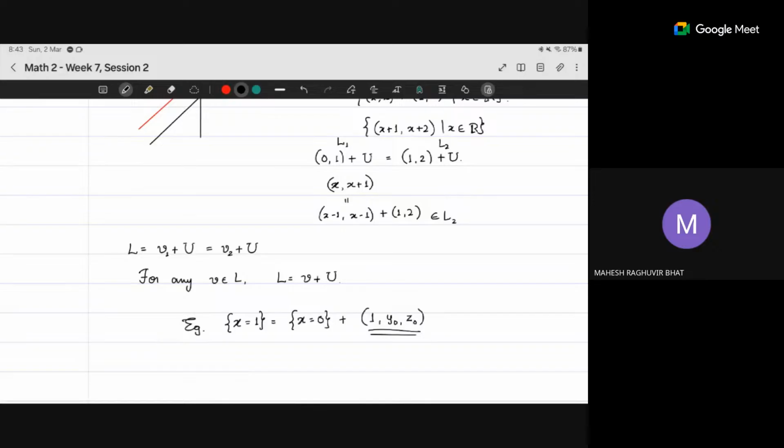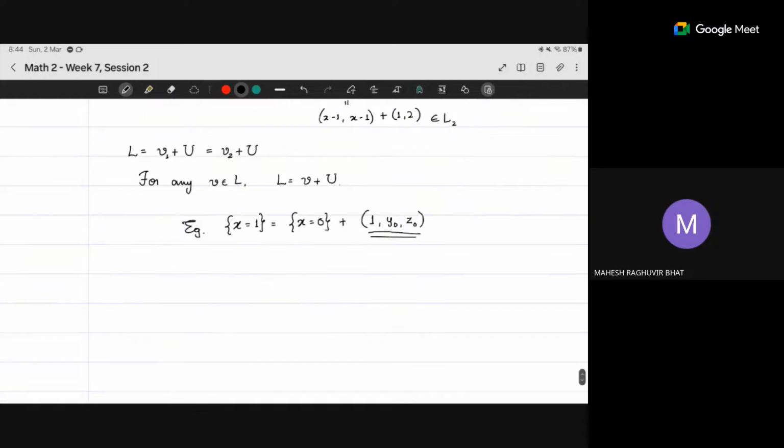Alright. Can we say that the different vectors that we are adding will always have a constant difference between them, like 0, 1, 1, 2, like that? No, the difference that they have will actually be an element of your underlying corresponding subspace.